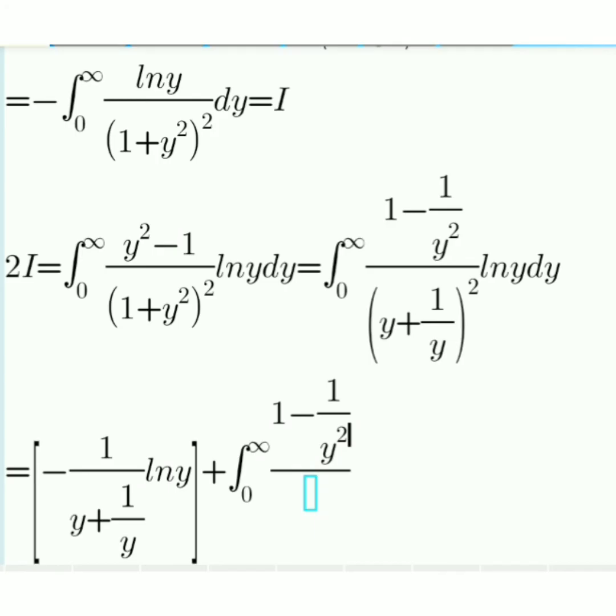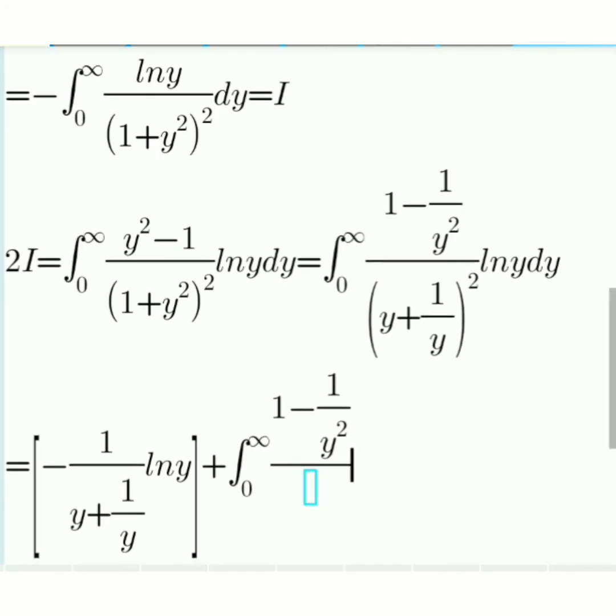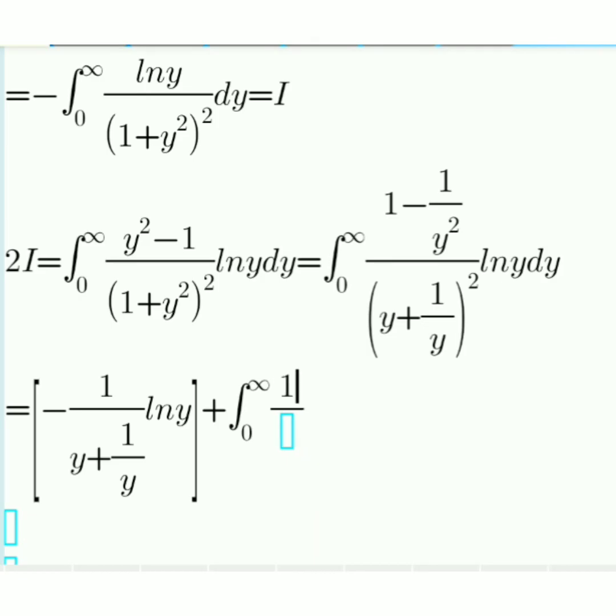I can get this value dy by y, because the derivative of ln y is equal to 1 by y, and after integrating, I get this value 1 by y.